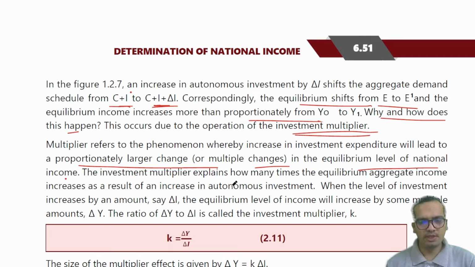Multiplier refers to a phenomenon where an increase in investment expenditure will lead to a proportionately larger change, or multiple changes, in the equilibrium level of national income. The investment multiplier explains how many times the equilibrium aggregate income increases as a result of an increase in autonomous investment. So it helps to explain the multiplier effect.